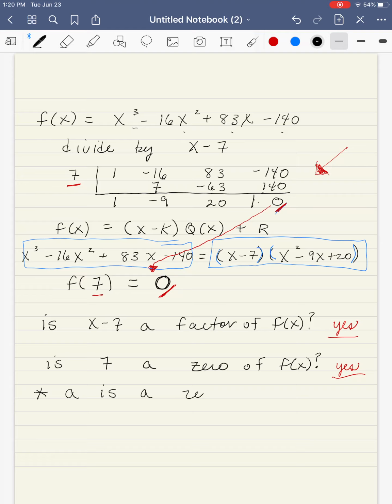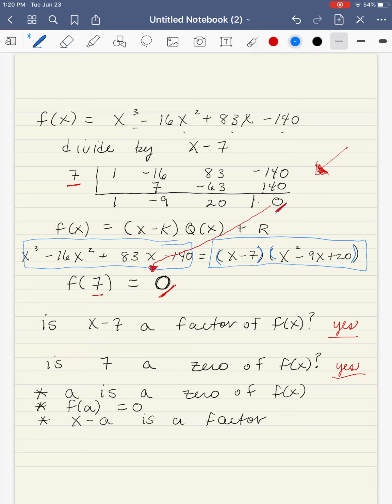Remember in an earlier lesson, we saw several statements that were always true. If one was true, they were all true. If a is a 0, then we know that f of a equals 0. That's literally what it means to be a is the 0 of f of x.